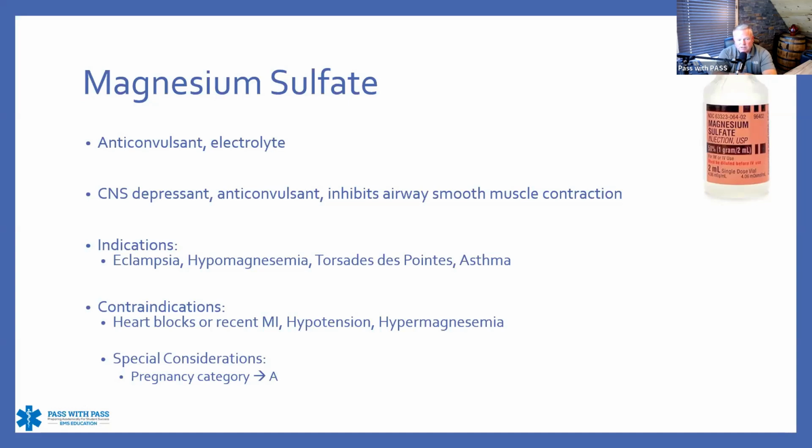As far as the pregnancy category, this is a pregnancy category A, and I wanted to review this because any medication that you take, if it is a prescription for sure, has a pregnancy category assigned to it, and it goes A, B, C, D, and X. A means there is no risk to the fetus. They have done studies, and there's no evidence that this is going to be problematic to the fetus.